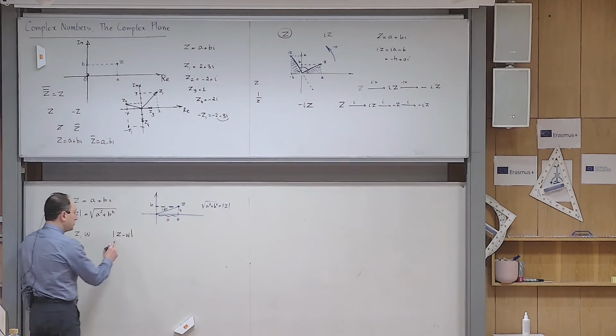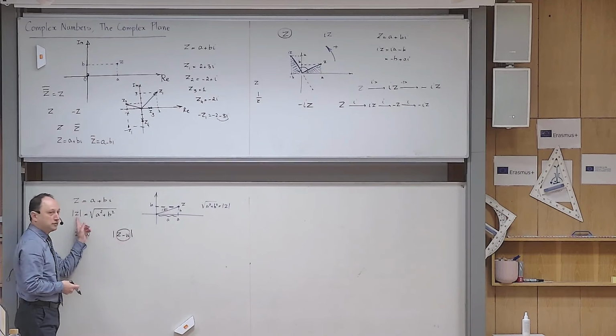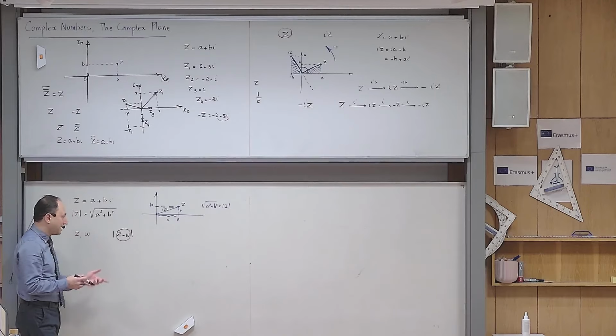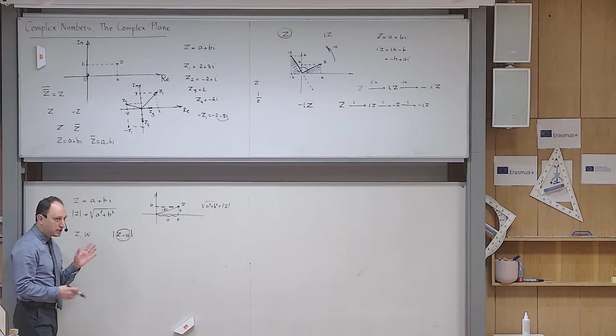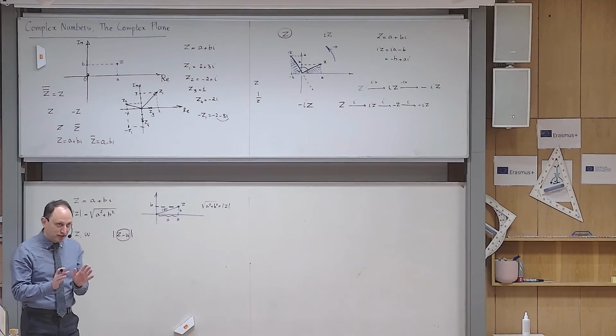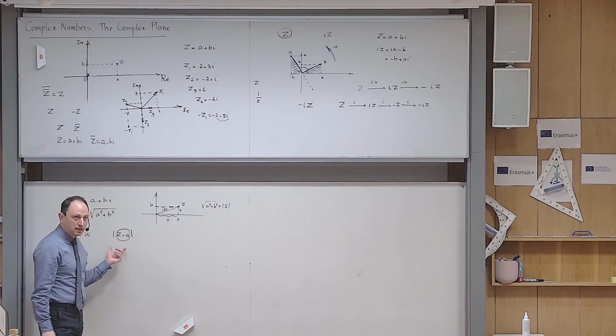The only thing that you are saying is that z minus w is a complex number, playing the role of the original z. So this is the distance from this complex number to the origin. It's not wrong, it's correct, but I don't like it because we can interpret it in more natural ways.